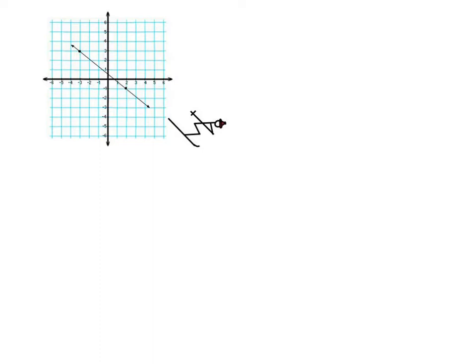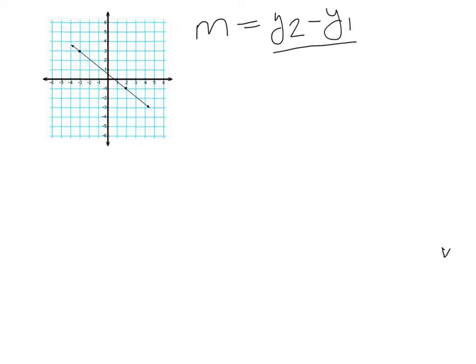So that's a negative slope. But let's refresh our memory on how to compute slope. The formula for slope is m equals y sub 2 minus y sub 1 over x sub 2 minus x sub 1.